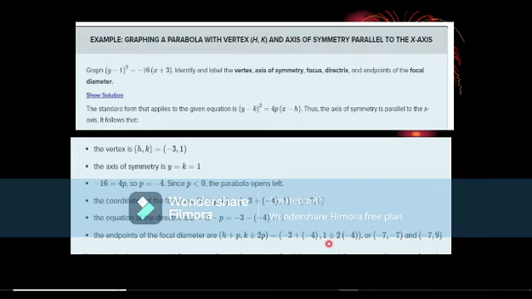Here, 2 times negative 4 is negative 8. So 1 plus negative 8 is negative 7. That will be your first value of y. The second is 1 minus negative 8, which is positive 9. So the endpoints of the focal diameter then are (negative 7, negative 7) and (negative 7, 9).